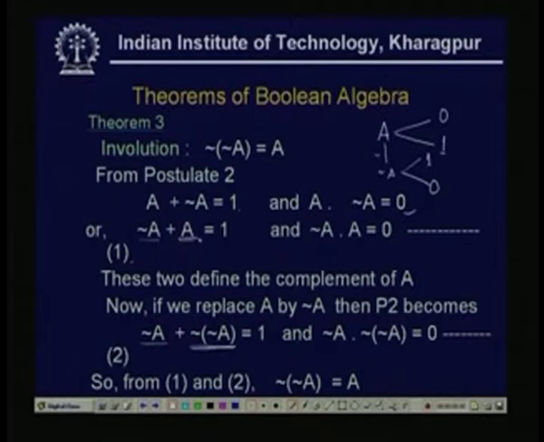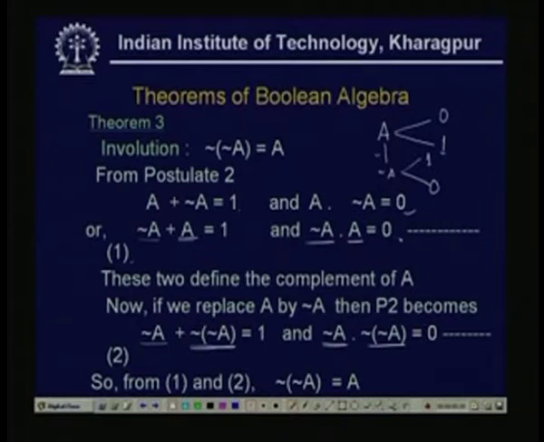So, this means A and negation of negation A is same. Similarly, from the counterpart, if the operator is dot, then this part is negation A, and the right hand side is A, and here this is negation of negation A, then this is equal to 0.